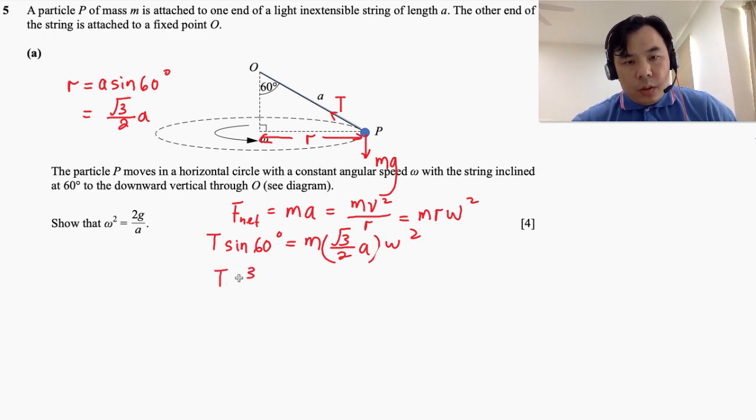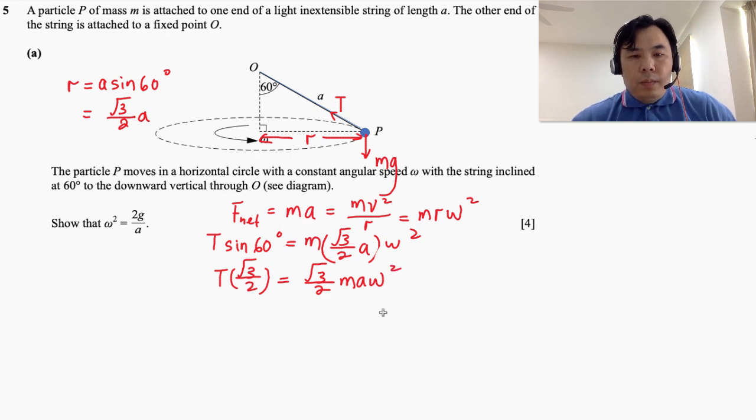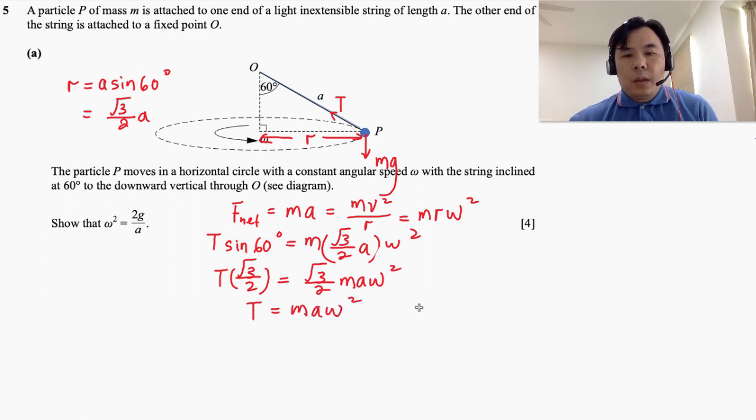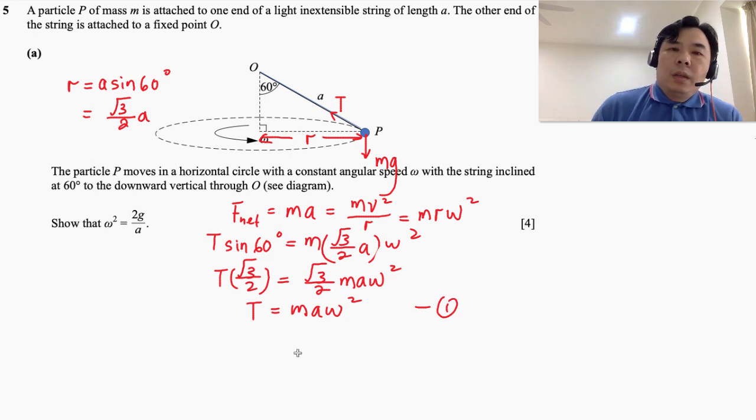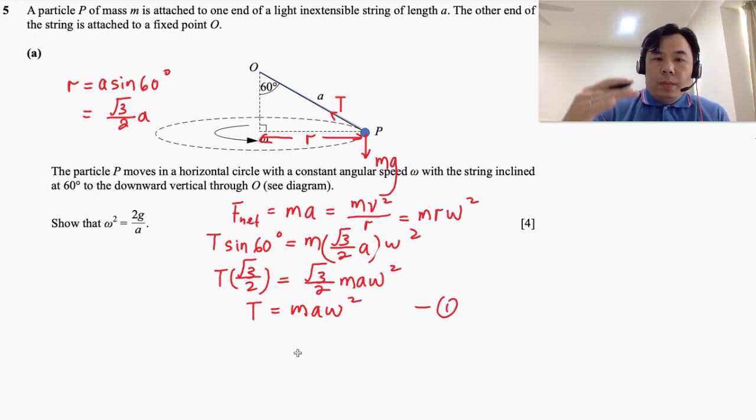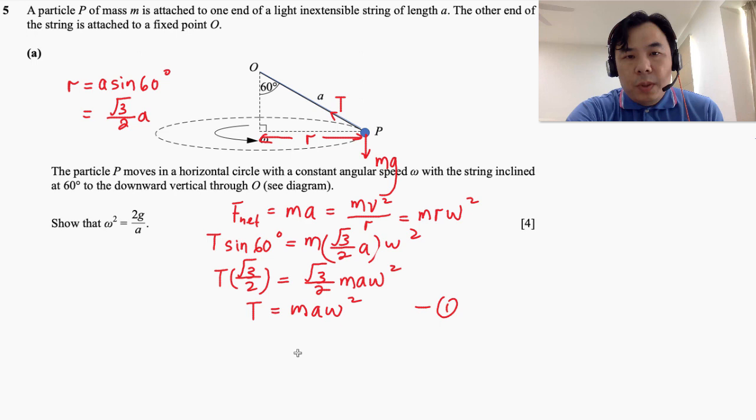Therefore, root 3 over 2 T is equal to root 3 over 2 m a omega square. So we found that the tension is basically given by T equals m a omega square. That's our first equation, by resolving in the direction of the centripetal force.